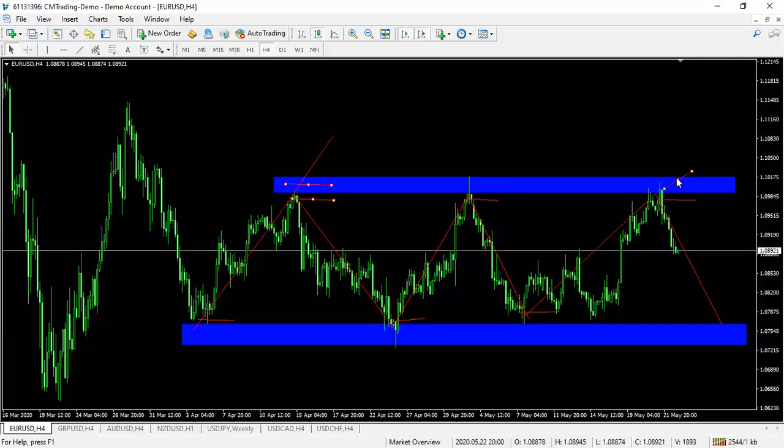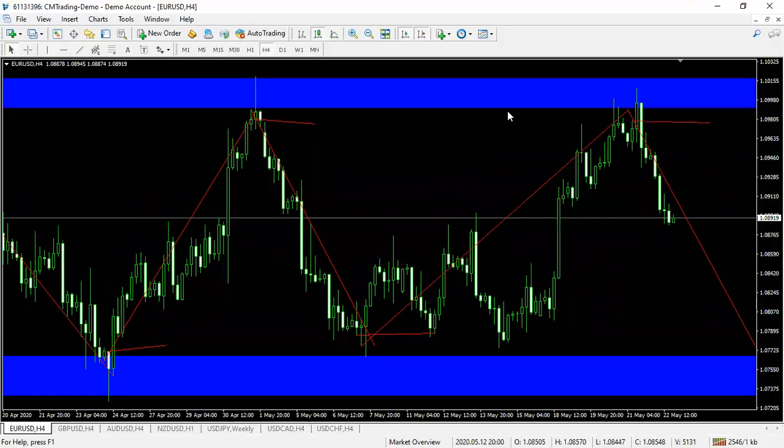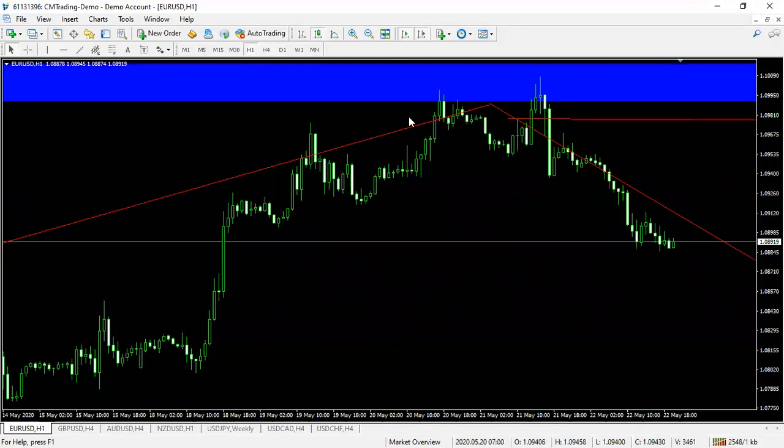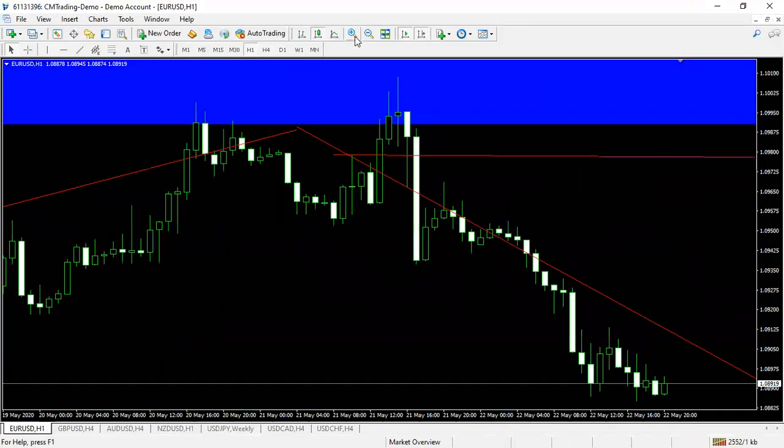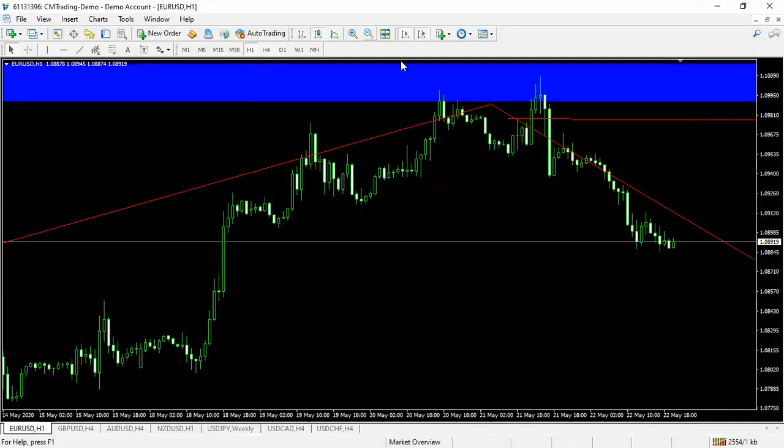Okay, hii iliform before, you can see from the 1 hour, iliform before, you can see this. This is a clear definition of a reversal candlestick na tuko certain hiyo market tuna expect itashuka because imeform kwa supply na demand zone.